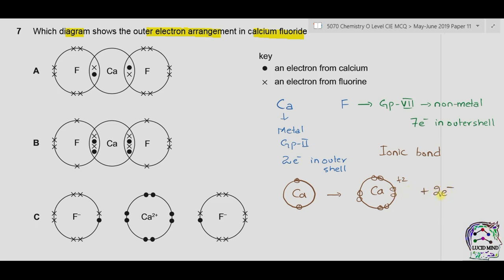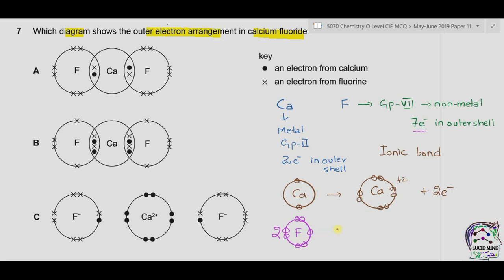As 2 electrons are lost and one fluorine atom can only gain 1 electron to complete 8 electrons in the outer shell, so therefore we will need 2 fluorine atoms to bond with 1 calcium.